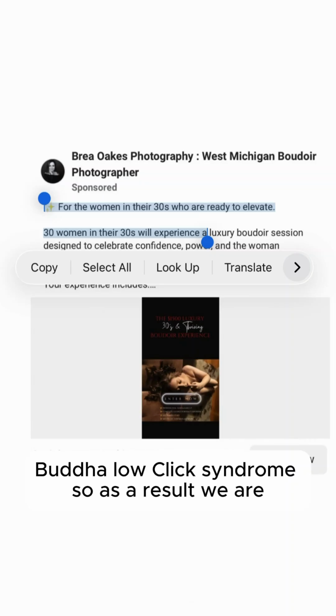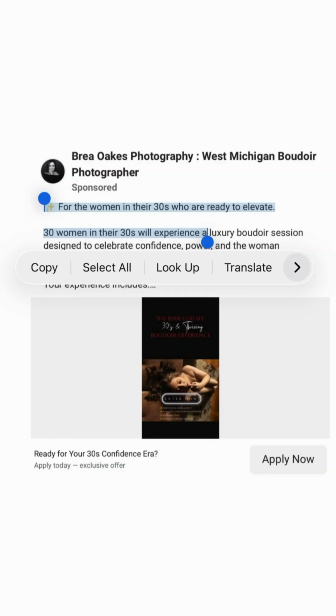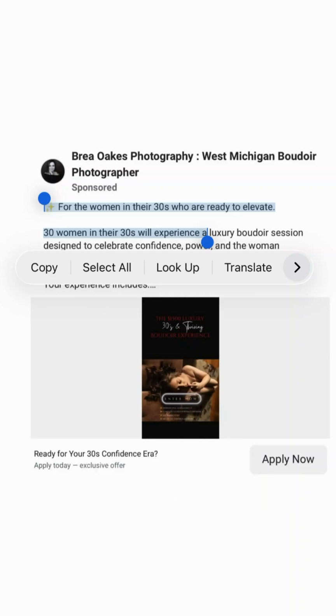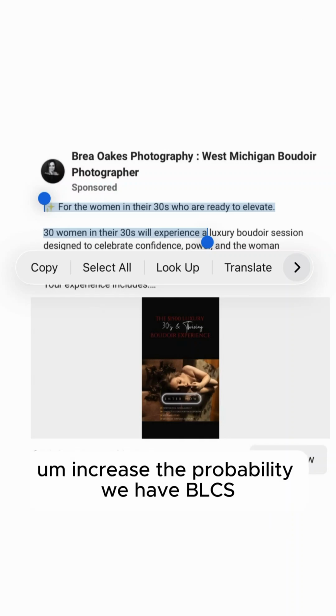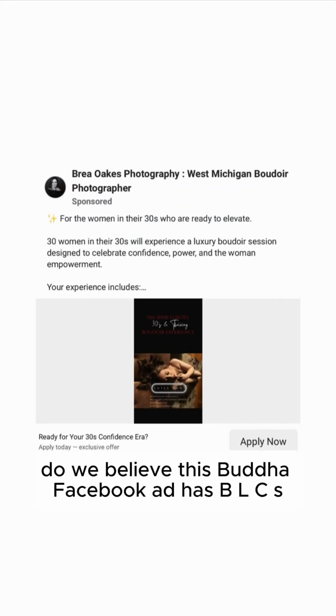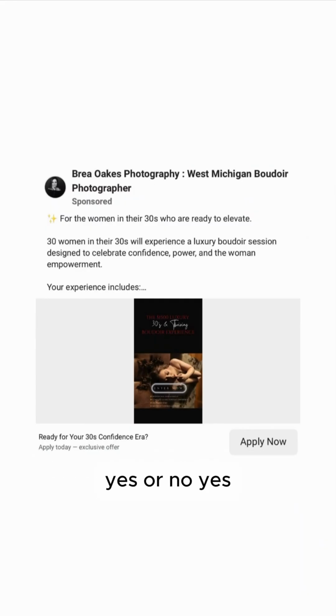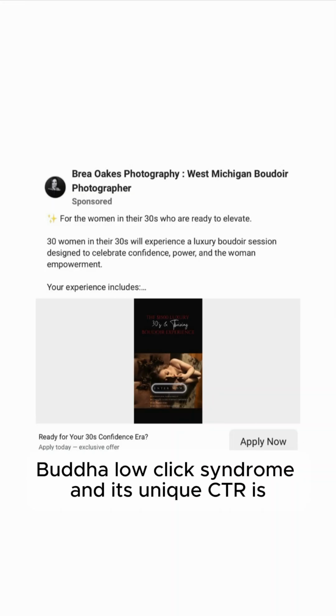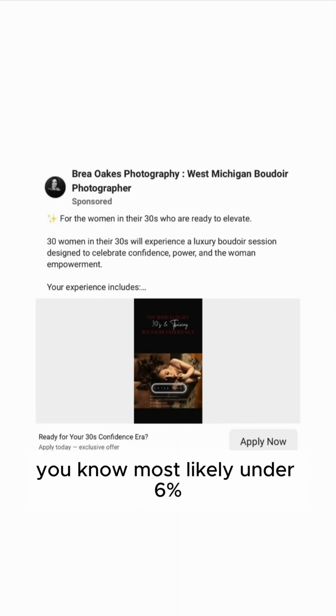So as a result, we increase the probability we have BLCS. So final verdict. Do we believe this Boudoir Facebook ad has BLCS, yes or no? Yes, I do believe it does have BLCS, Boudoir low-click syndrome, and its unique CTR is most likely under 6%.